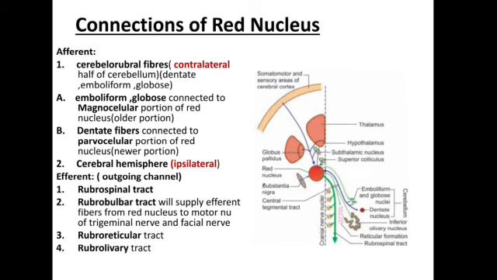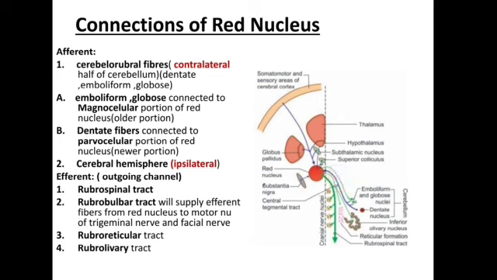Connections of red nucleus. Some afferent connections and some efferent. Afferent connections are cerebello-rubral fibers from the contralateral half of cerebellum, from dentate, emboliform and globose nuclei.